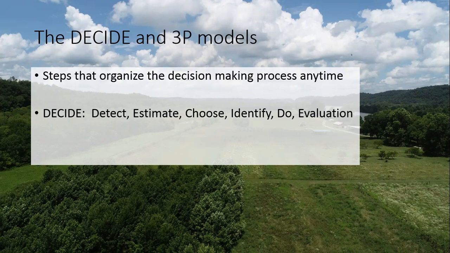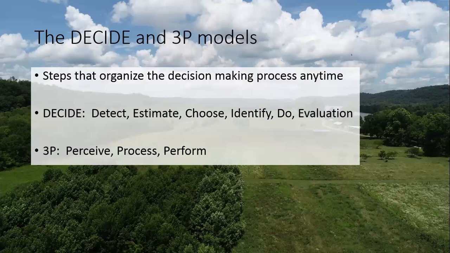You want to estimate the need to counter or react to that change. You want to choose a desirable outcome. You want to identify actions which would successfully control the change. You want to do it. You want to take that action, and then you want to evaluate the effect of that action in countering the change that took place.